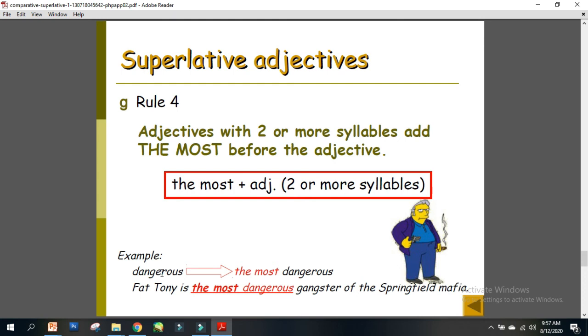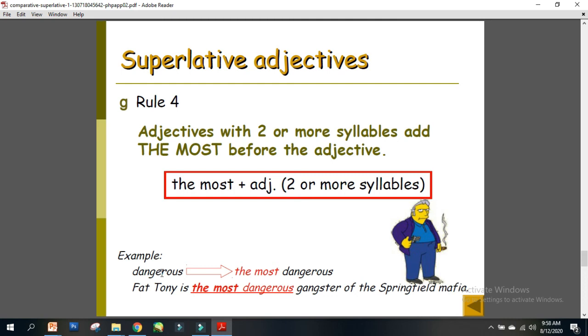For example, dangerous. We have 3 syllables. So when you want to make the superlative form, we change it into the most dangerous. Fat Tony is the most dangerous gangster of the Springfield Mafia.